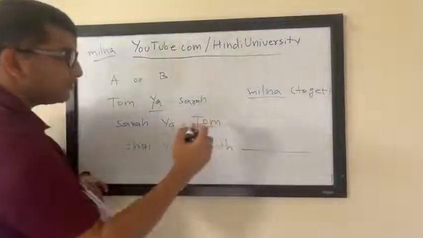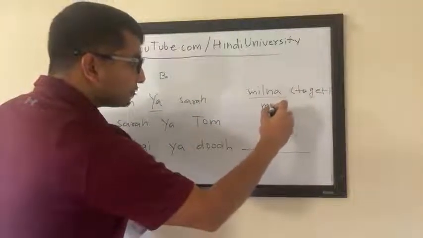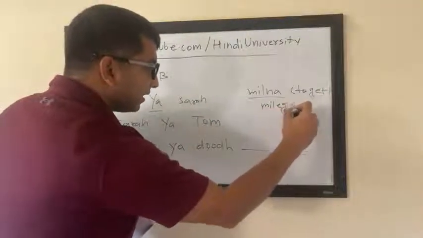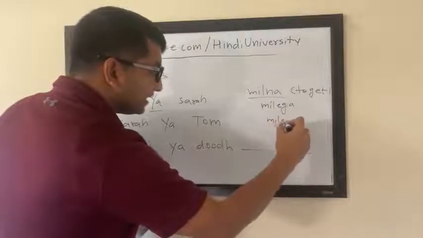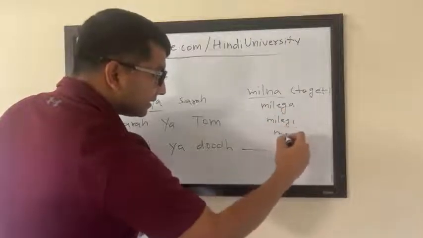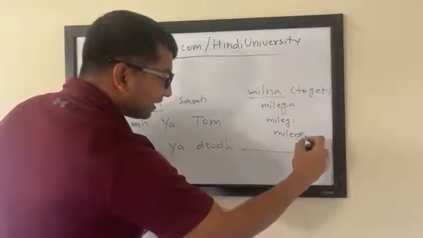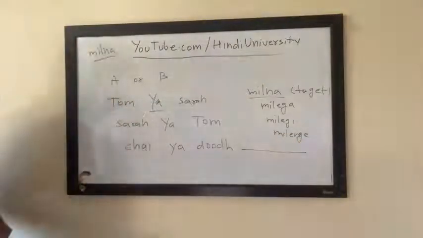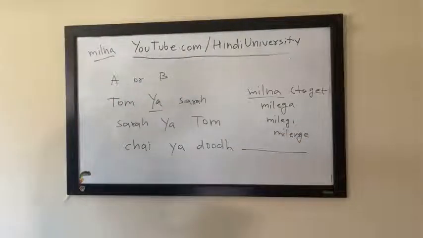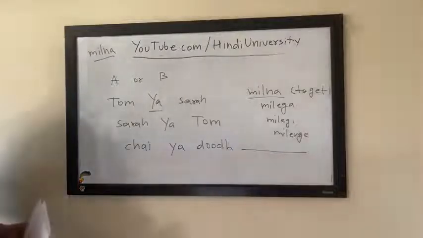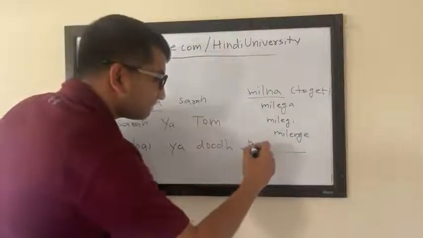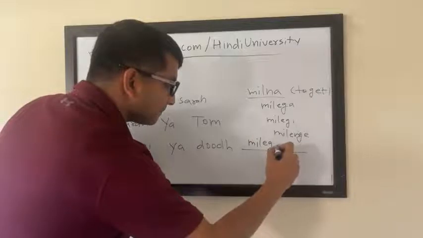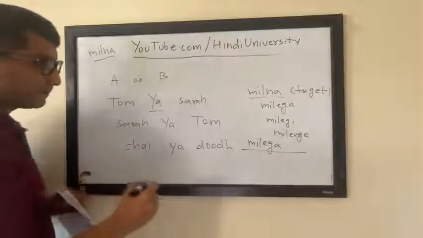Now the question is, which form will you use? Will you use milega, milegi, milenge, or something else? Milega. Why milega? I believe it matches the noun that's closest to the verb.